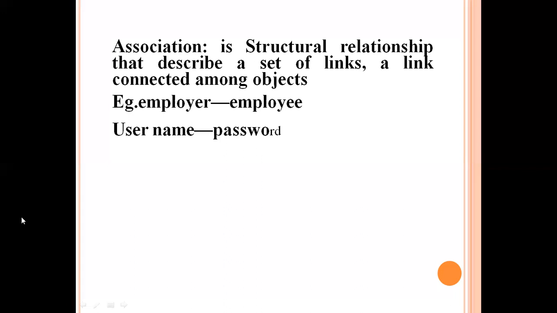So not a single college, but multiple colleges are associated with multiple students. It is many to many association. Association means it is a link, that is, the connection among these objects.